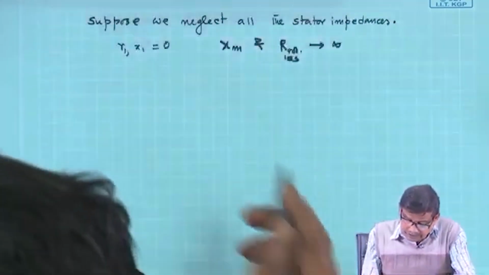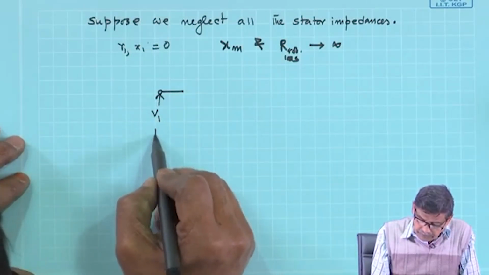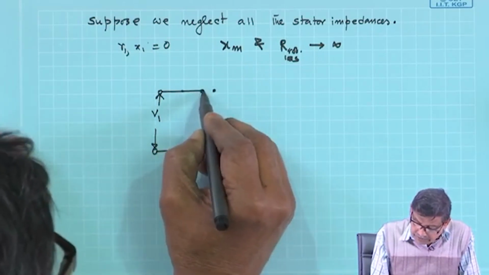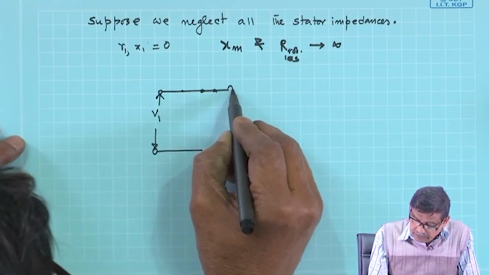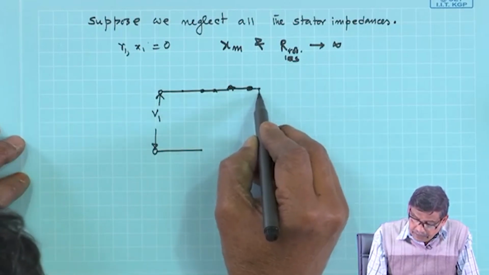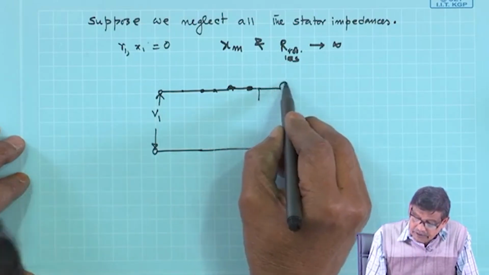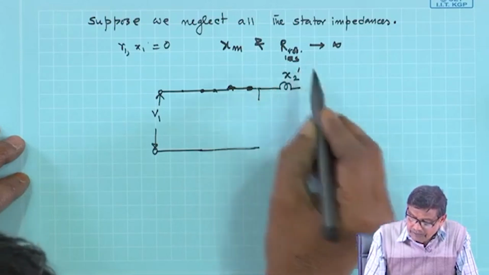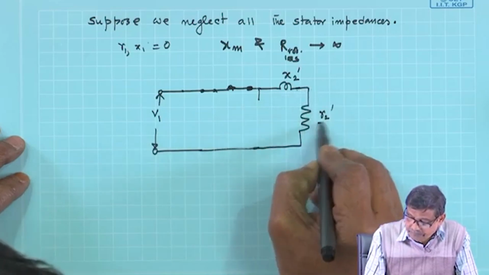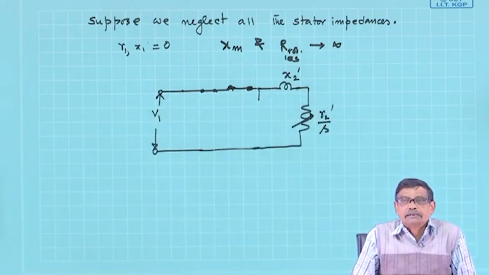Then the equivalent circuit will simply look like your per phase applied voltage V1. R1 is not there, 0, shorted, X1 is not there. So, R1 0, X1 0, and this parallel branch open circuited, nothing is there. And then you have only rotor parameters present. That will simply be the equivalent circuit.